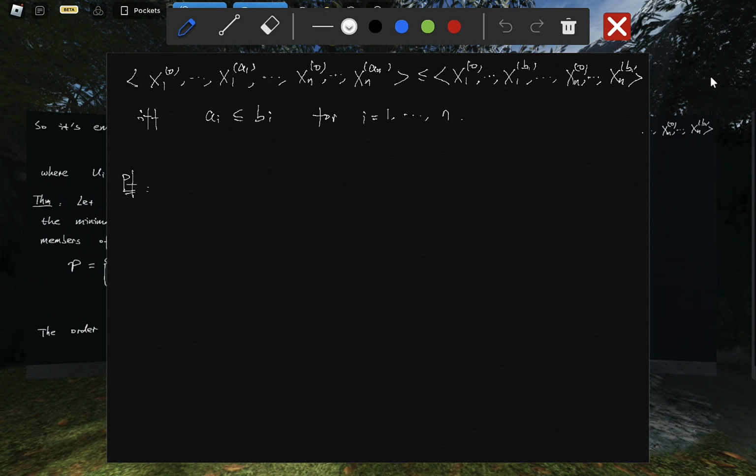Sorry, maybe this is a stupid question, but why isn't this just ideal containment? Yeah, I think that gives the same order, right? Mm-hmm. Okay, so you're saying it in order to make clear that this is a very simple order. Yes.